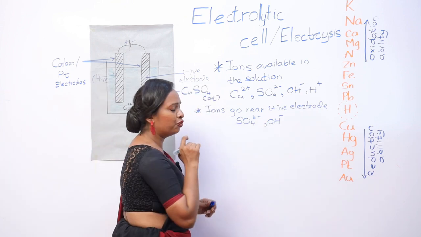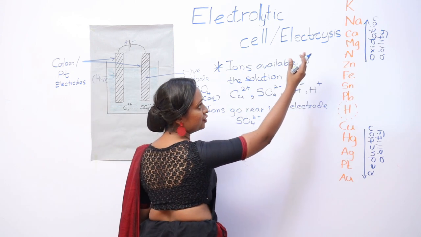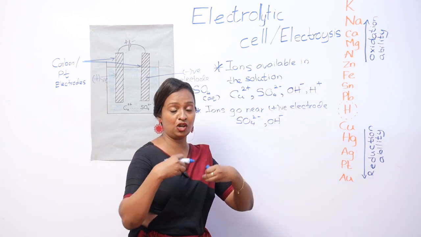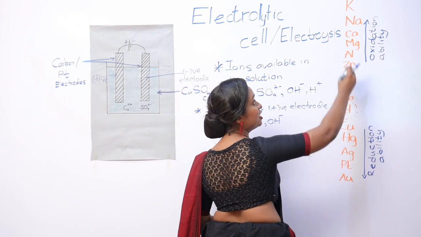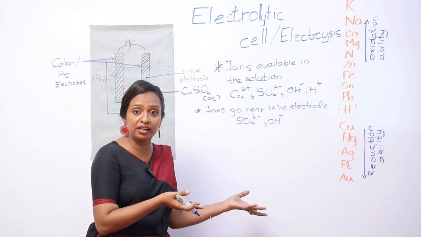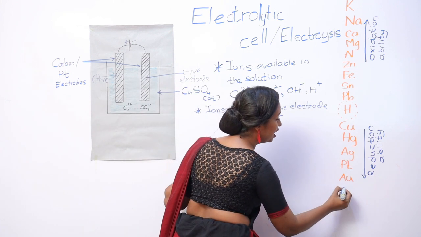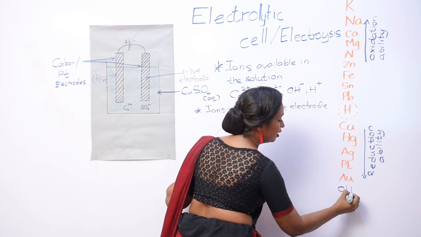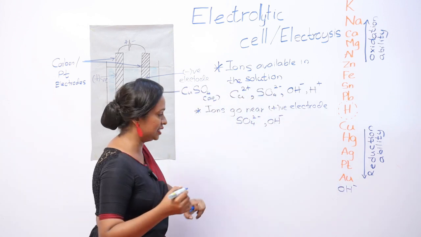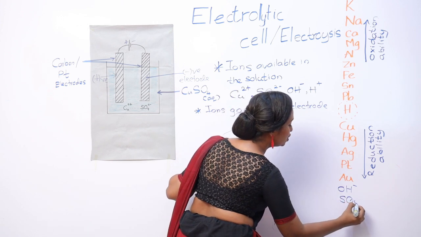So which one is going to remove electrons? You have an activity series. You know the electron-removing ability, or oxidation, increases as you go up. But look at the series: you have only cations, you don't have anions. So I am going to teach you the oxidation ability of these two anions, OH minus and SO4 2 minus.